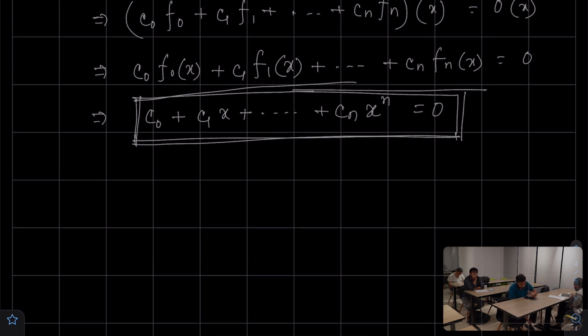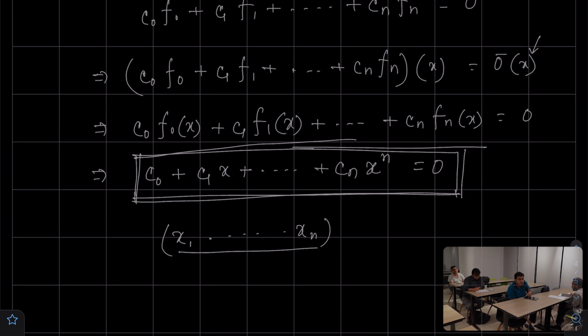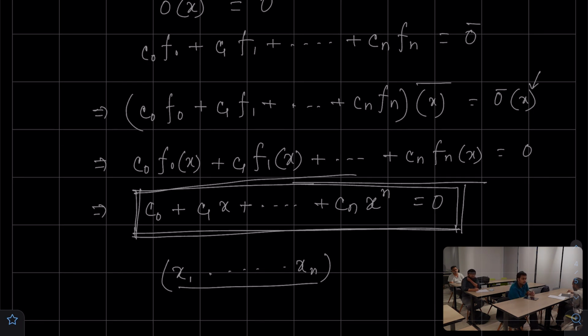So this is actually not true, right? Because for x1 to xn, there are only these many solutions for this polynomial equation, but in the construction of the proof, I choose x arbitrarily.